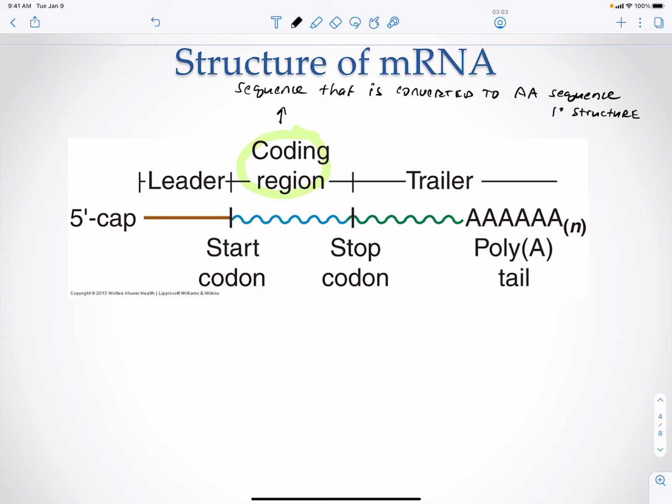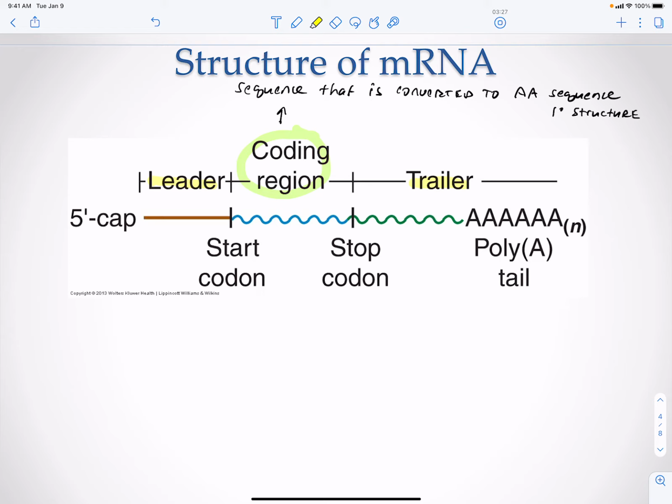Now, in eukaryotes, we have a leader and trailer sequences. So in eukaryotes, we have this leader sequence, and we have a trailer sequence. The leader is going to start with guanosine caps. So the leader sequence is really what tells your body to add guanosine at that end.